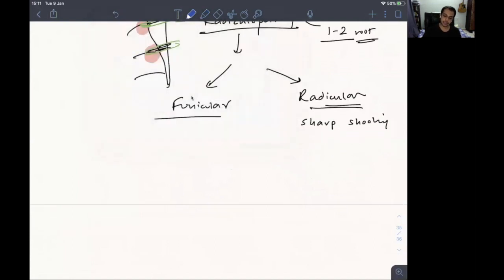And the characteristic is that funicular pain is more diffuse, and you are not able to localize it. Whereas in radicular pain, if you have pain in a particular part of your body, it is more likely that the pain is originating from the root that supplies that particular part of the body.